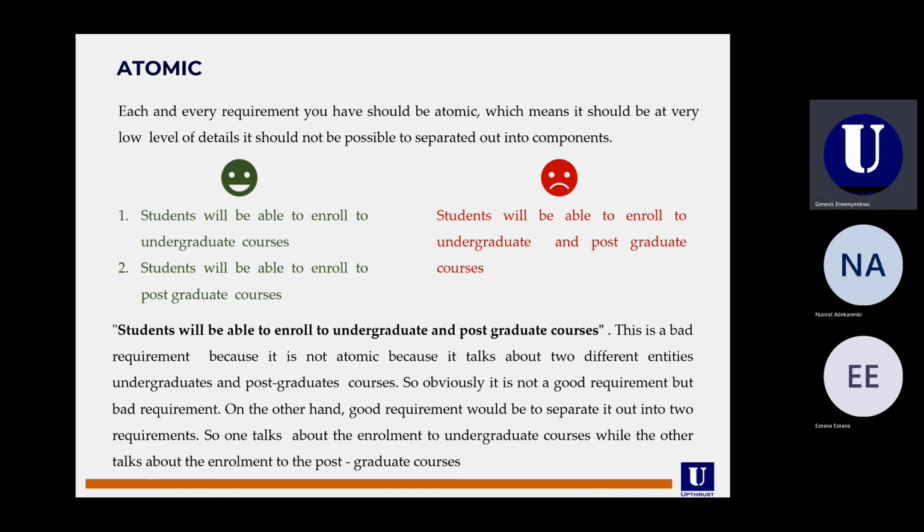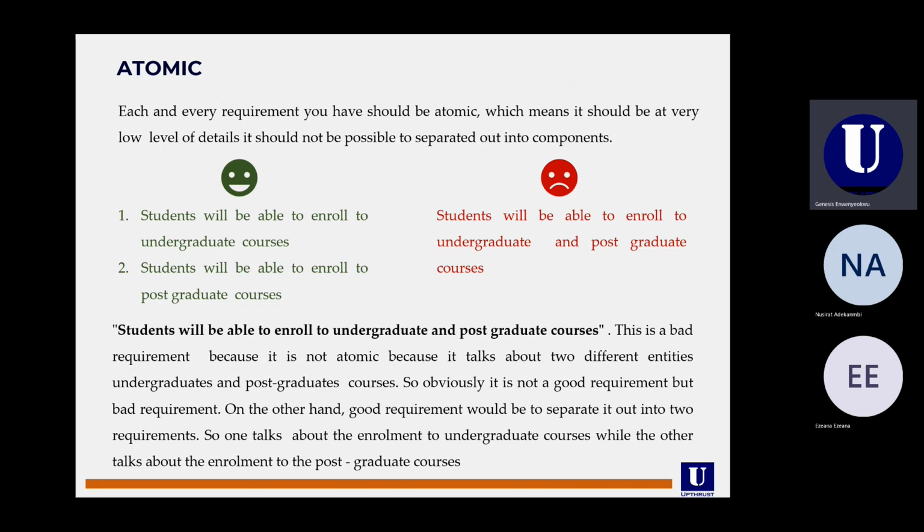For this particular requirement, you can see that it is not atomic in a sense that it can be further broken down into various components, such as we have on the left side, that says, number one, students will be able to enroll to undergraduate courses. And then number two, students will be able to enroll to postgraduate courses.